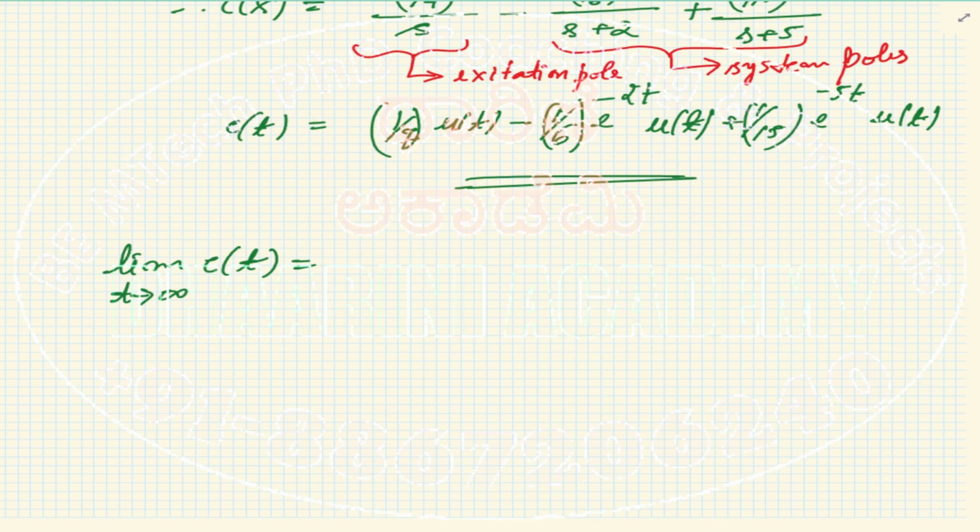This can be calculated from the Laplace final value theorem, but doesn't matter even if you don't remember, we can calculate the same thing using c of t. Put t equal to infinity in the equation c of t, that's all. Put a very big value to t and write what value you get.